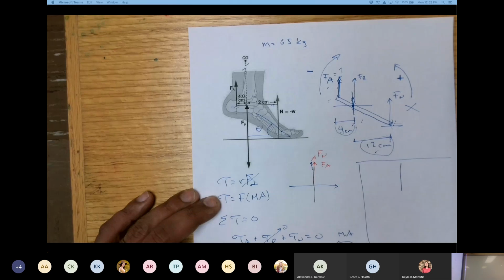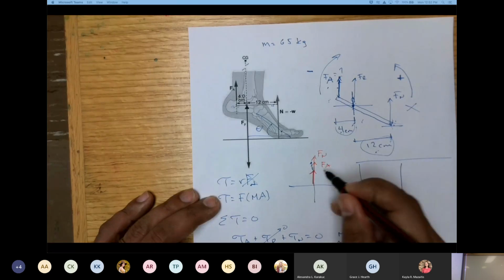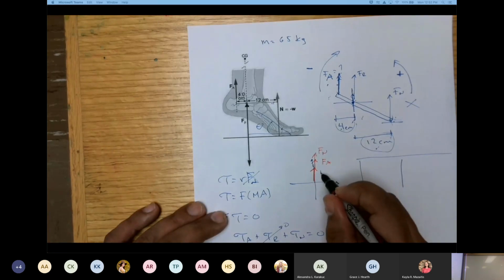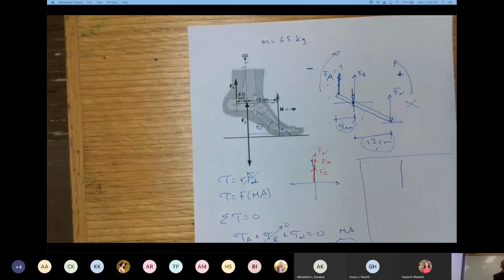Again, I don't know which direction the reaction force is, but I'm going to assume that it is positive. Now, notice that the normal force and the Achilles tendon force don't have components in X. They only have Y components.